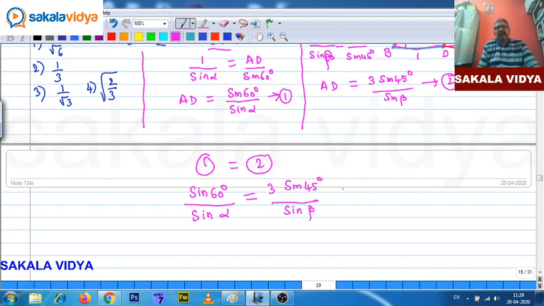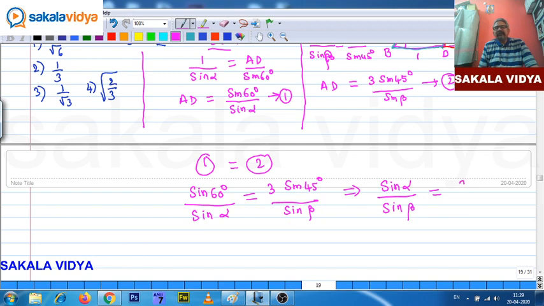Now cross multiplication: in the place of sin alpha write sin beta, interchanging these two values.